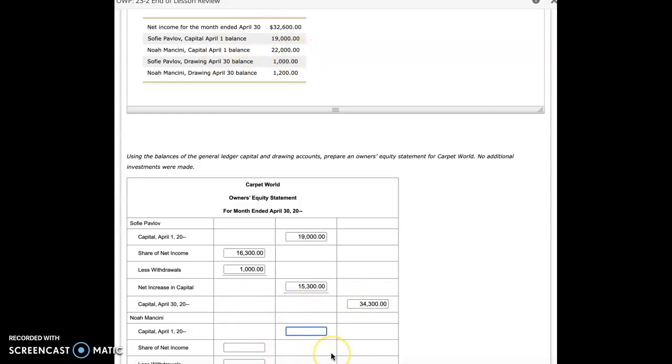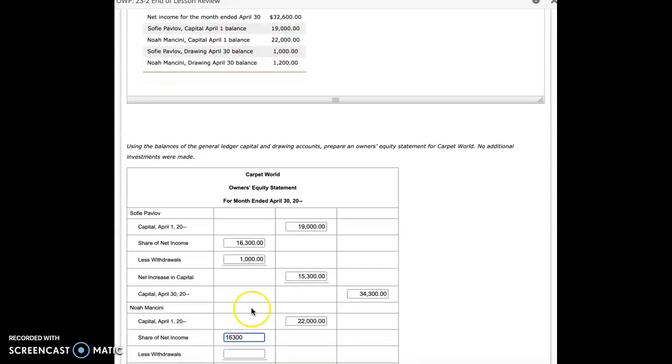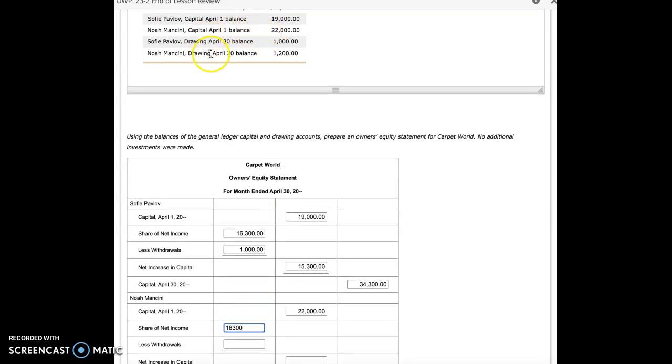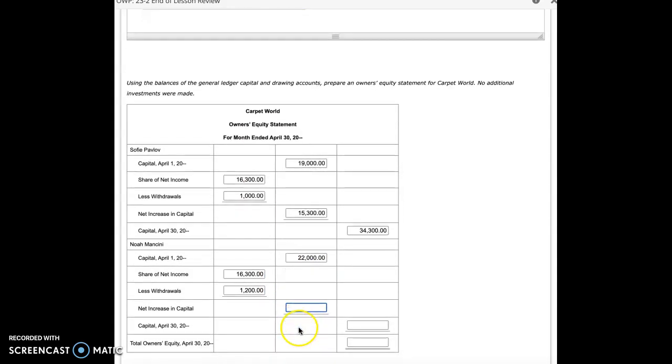So Noah started out with 22,000. His share of the net income, if you remember, was the same as Sophie's because they are 50-50 partners. His withdrawal is 1,200. And so our net increase, 16,300 minus 1,200 would get us 15,100.